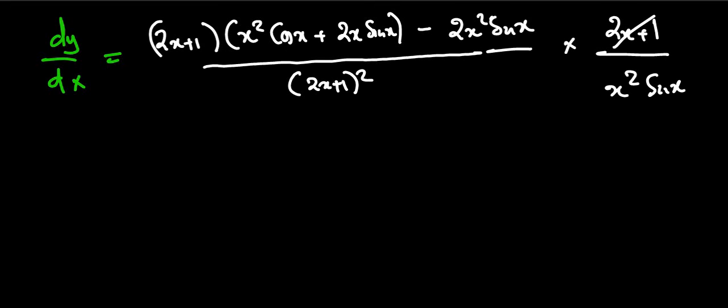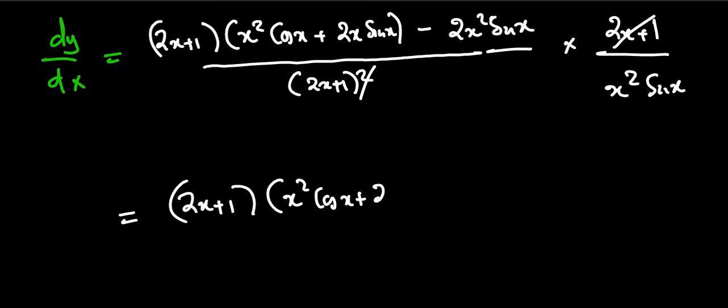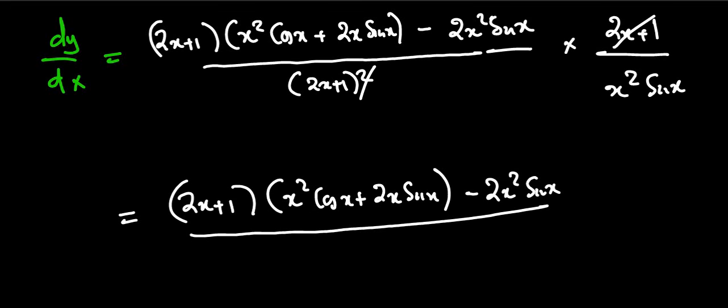So you can cancel this and cancel that. Then this is going to lead us into getting 2x plus 1. Then we have x squared, we have cos x plus 2x, then sine x, minus 2x squared, then sine x. Everything down is 2x plus 1, x squared, then you have sine x.